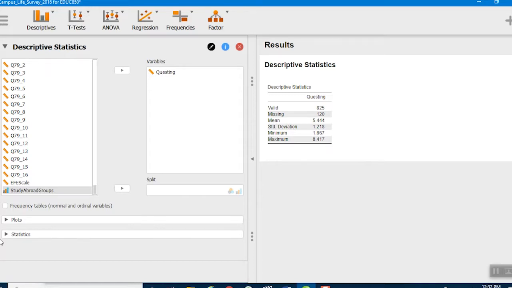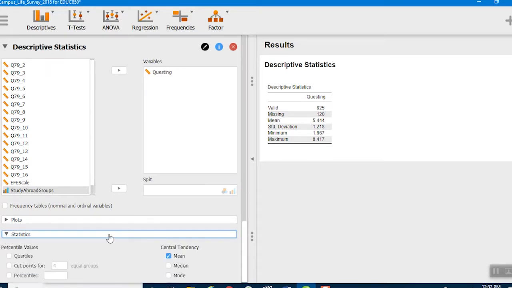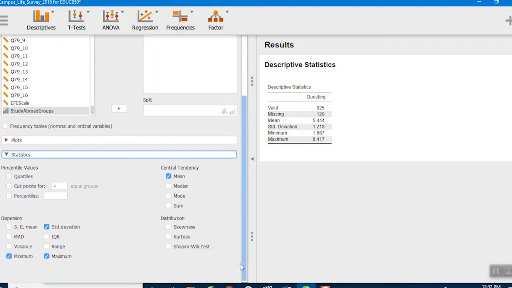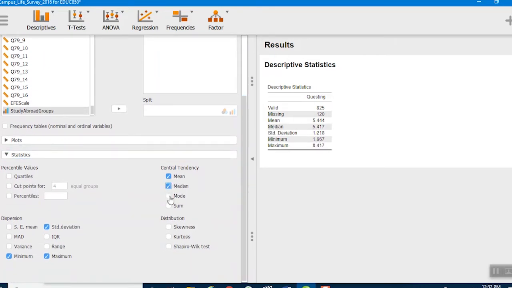But we might want some other pieces of information here, and you're going to need other pieces of information for your homework assignment, not just the mean, but the other measures of central tendency. We just click on that, and you'll notice we start getting that information here. We start getting the mean, median, and the mode.